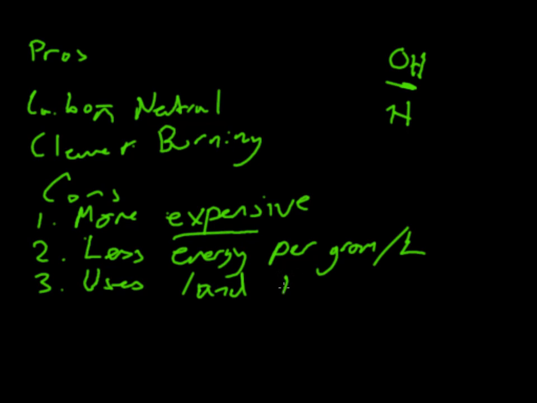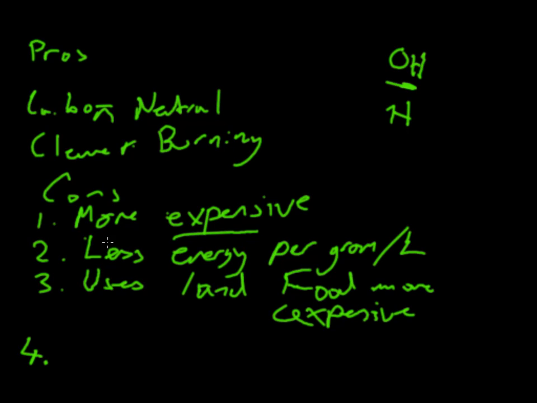So that's going to make food more expensive. So if we ever have a famine because we're using all our land for biofuels, that would be a pretty serious drawback. Its mere presence will make food more expensive, which is a problem for the world's poor. And there's a fourth problem as well.